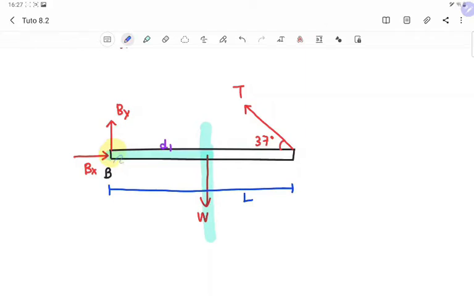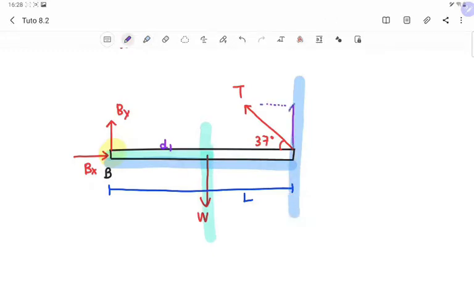Okay, next, from the point of rotation, straight to T. To calculate torque, we will use F multiplied by D. And F and D should be 90 degree. So if our D is horizontal, for our T we must take the component at 90 degree to it. Okay, so the next thing is we have to resolve.